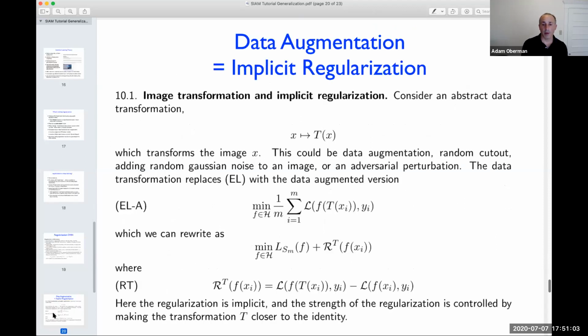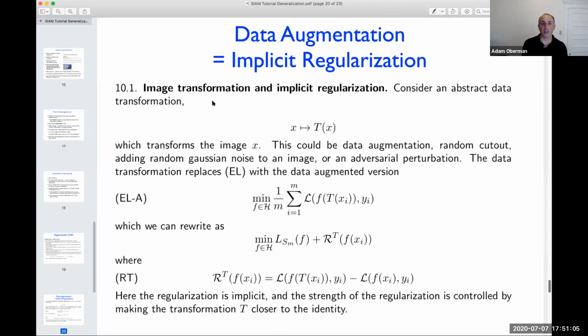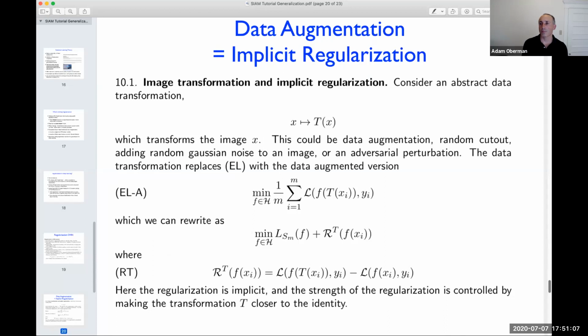Okay, so there's a little bit of math now. Data augmentation is a non-local, global transformation that maps an image x by T of x to some totally different image, at least when you regard it as a vector. So what that means is your augmented loss is training not just f of x, but f of T of x as well.